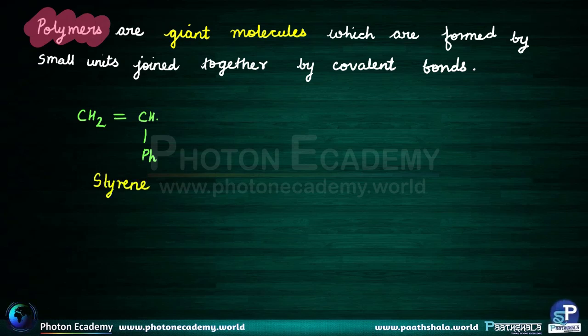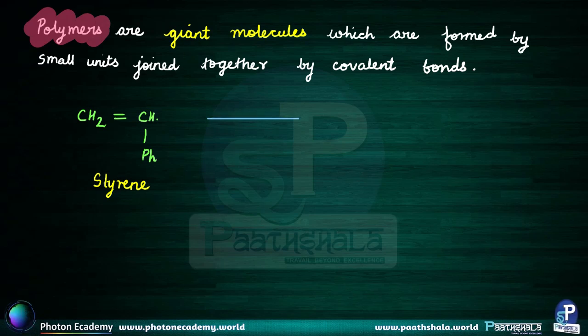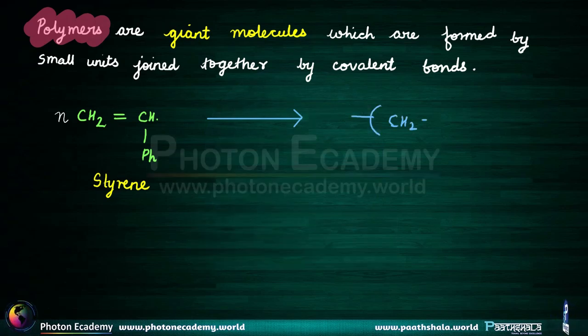If we want to repeat styrene a couple of times, we take n units of styrene and we get a polymer of styrene. It will look something like this: CH2, CH, where the double bond has to break so that it can be opened for joining on both sides. This particular polymer is known as polystyrene.